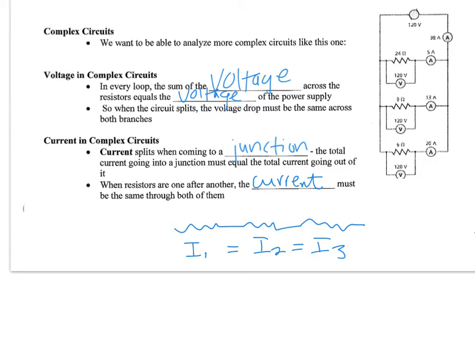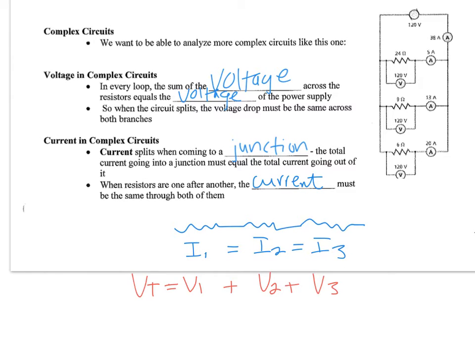And the total voltage would equal the voltage here plus the voltage here plus the voltage here. And that's pretty much all you need to know in terms of voltage and current for the basic rules. And then when we apply this with resistors, you'll see how it works.